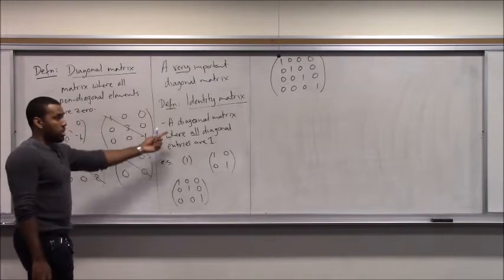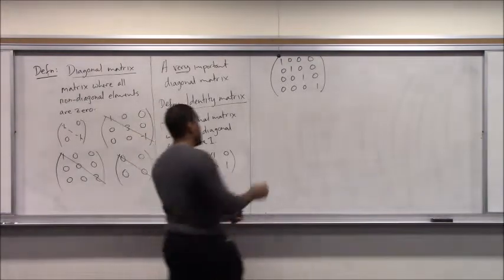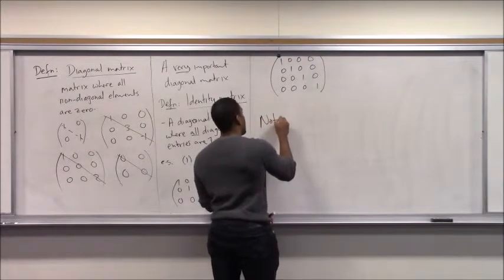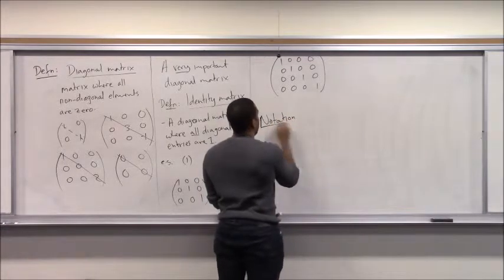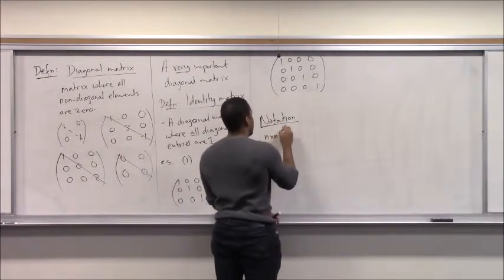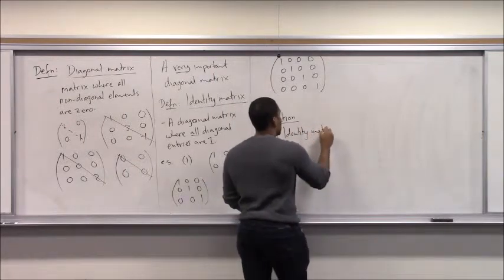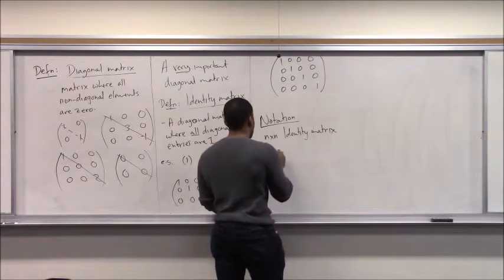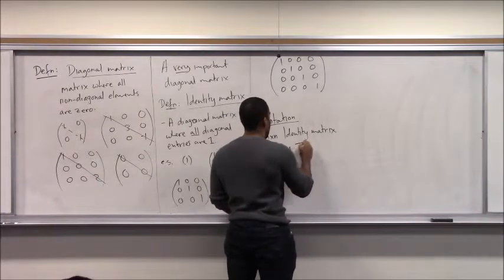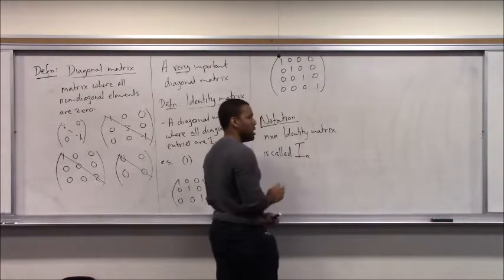Notice that they are diagonal, therefore they're square, and we actually have a very common notation here. So the n by n identity matrix is called I subscript n.